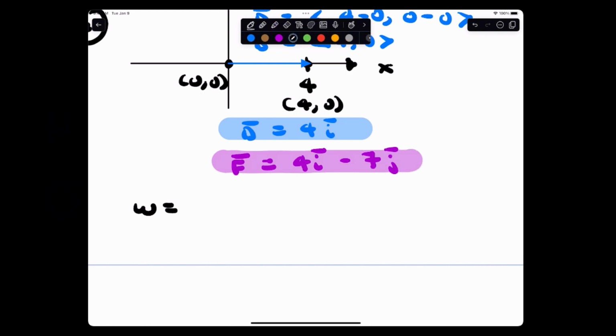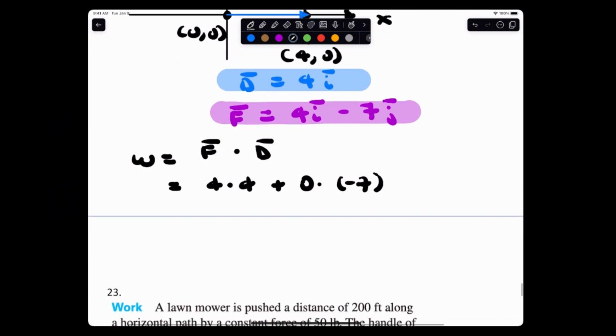It's the dot product, right? So you're going to take the force vector dotted with that distance vector. So it'll be 4 times 4 plus 0 times negative 7, which will be 16. Your work is 16, and again, we'll do foot-pounds. There it is.